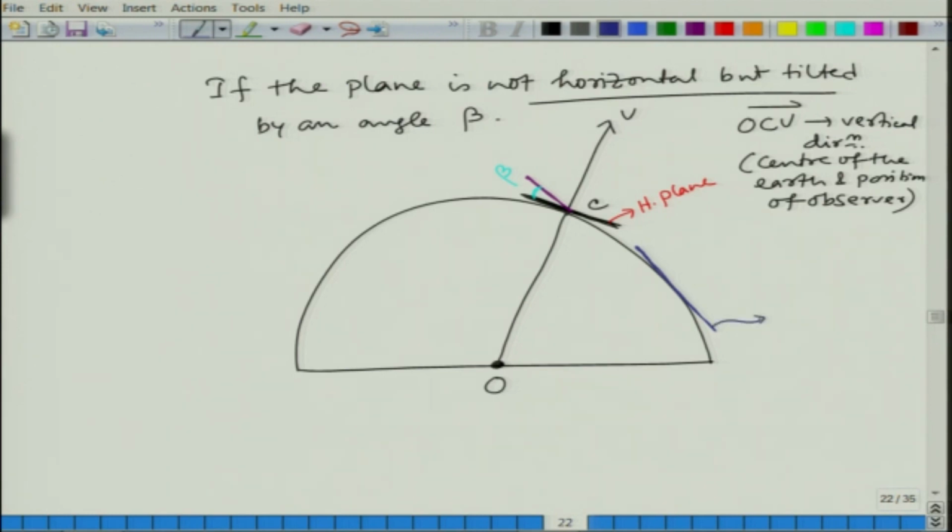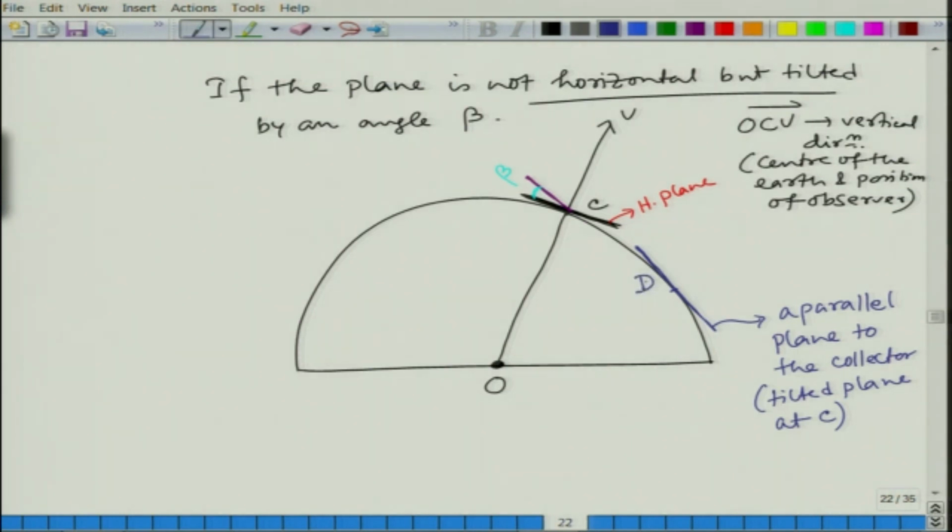So, this is what parallel plane to the collector, which is a tilted plane, located at the position C. Okay. So, somewhere on the earth you will actually doing this, and what is that position? Let us name that point to be D.